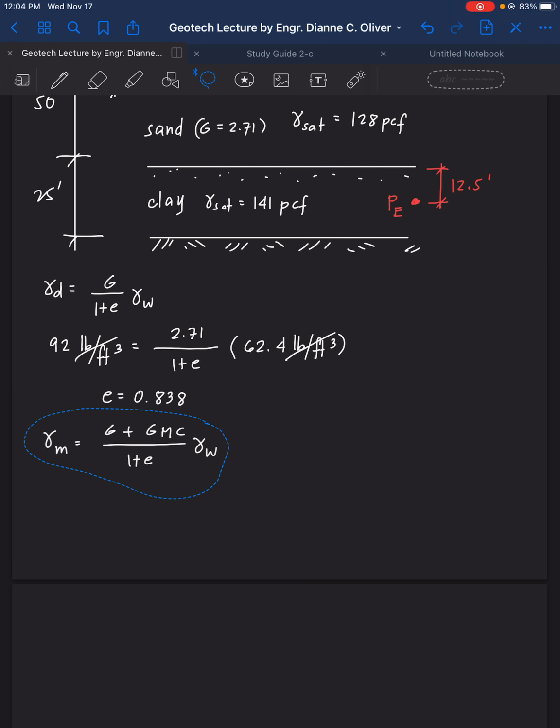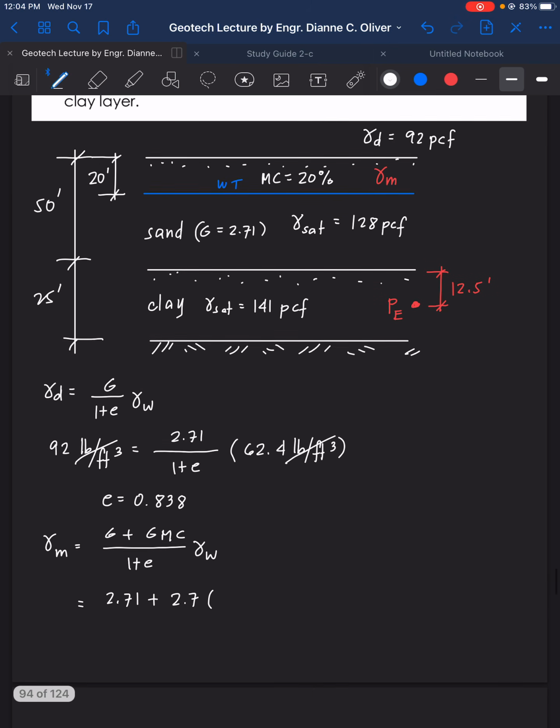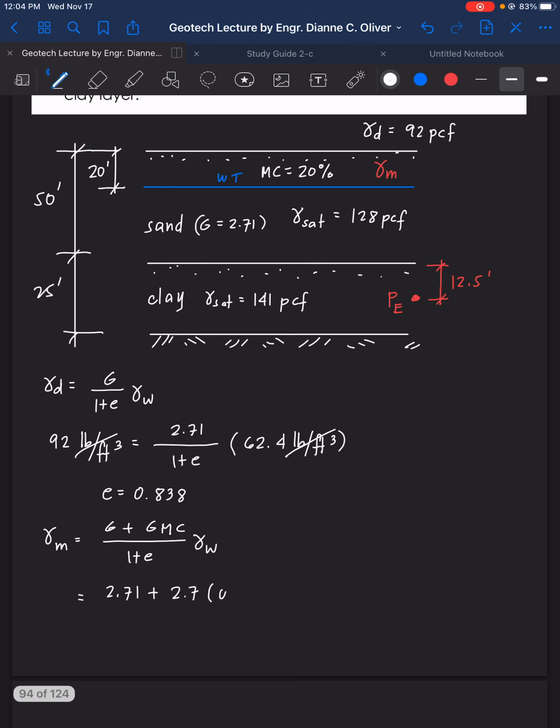Now we can solve for gamma moist. Gamma moist is equal to 2.71 plus 2.71 times MC, moisture content, which is 20%, that is 0.2, over 1 plus 0.838, then times 62.4.